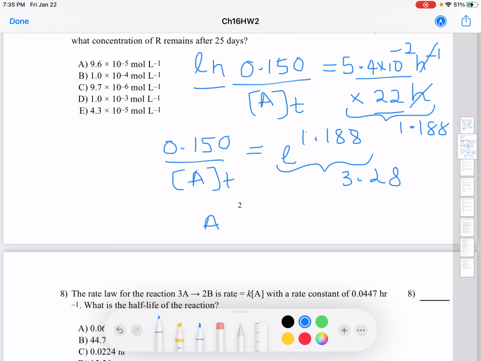So the concentration of A is going to be 0.150 over 3.28. Yeah, I got an answer.